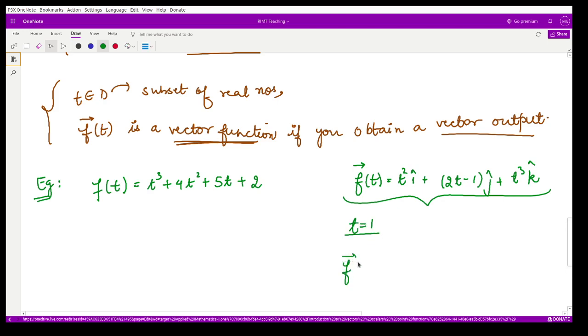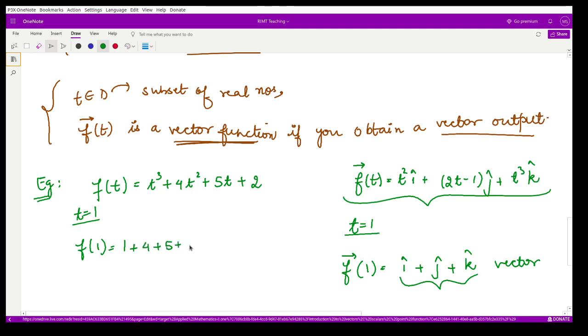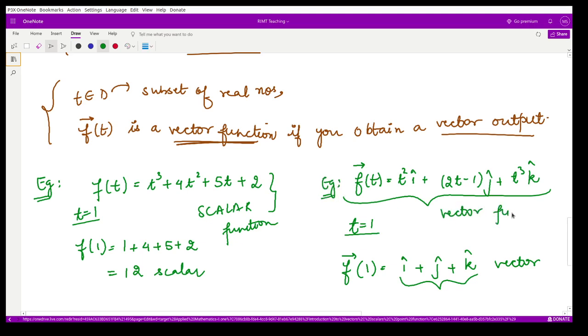Then f of 1 would be i cap plus j cap plus k cap, right? This is a vector quantity. And if you input the same t equal to 1 into the first function, you obtain 1 plus 4 plus 5 plus 2, which equals 12, a scalar. So the first function is a scalar function and the second function is a vector function. This is how you define scalar and vector functions.